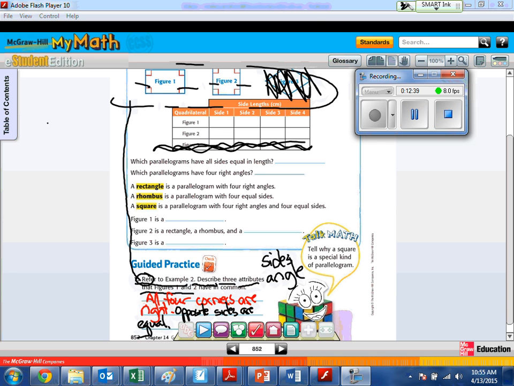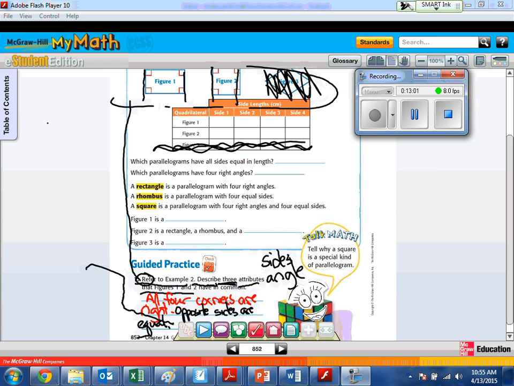Now we've got to think of one more attribute. We've talked about the angles, and we've talked about the sides being the same. But also let's think about that word parallel. What do we know about the opposite sides? We know that the opposite sides in a parallelogram are parallel. So I'm going to go ahead and draw a line over here, just so we know that it's over here.